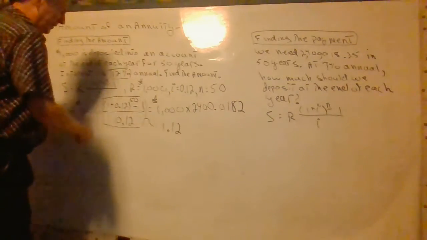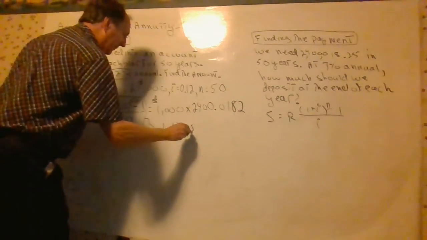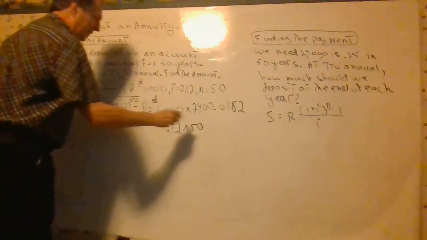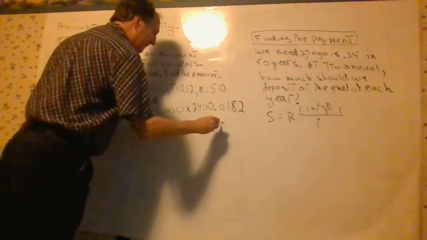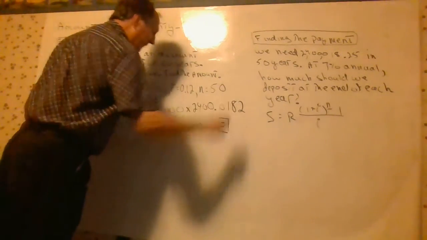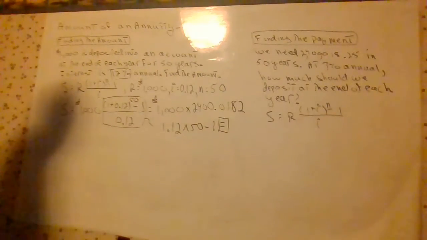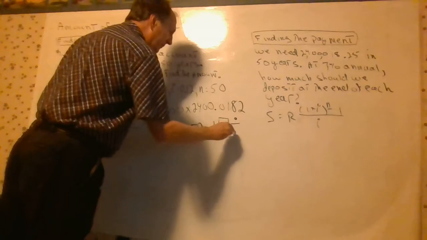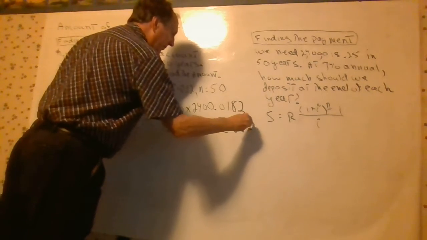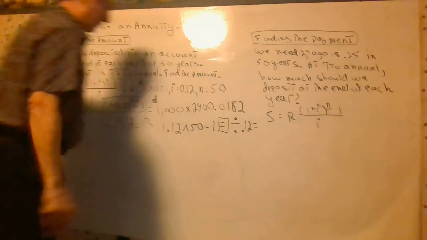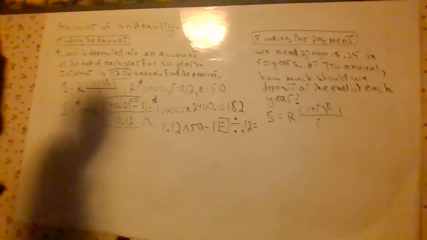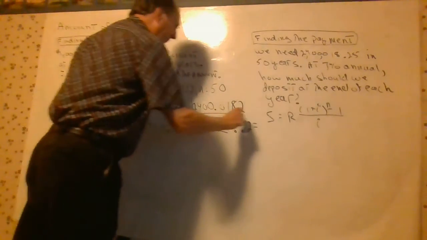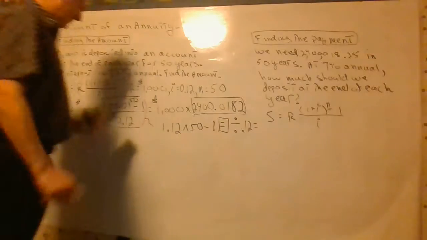You can add these two together. Up caret 50 minus 1 equals. Equals has it do all these operations. Divided by 0.12 equals. And this is what should come out of your calculator.